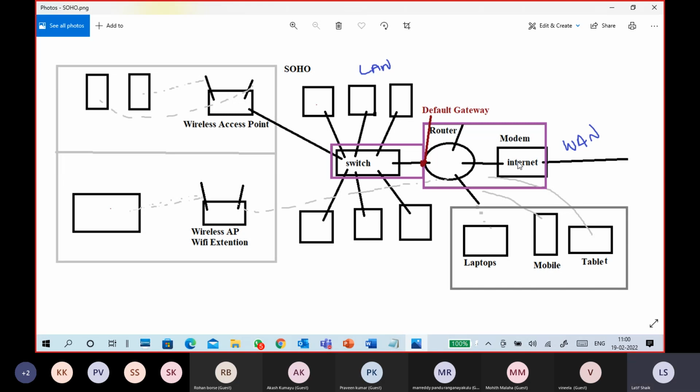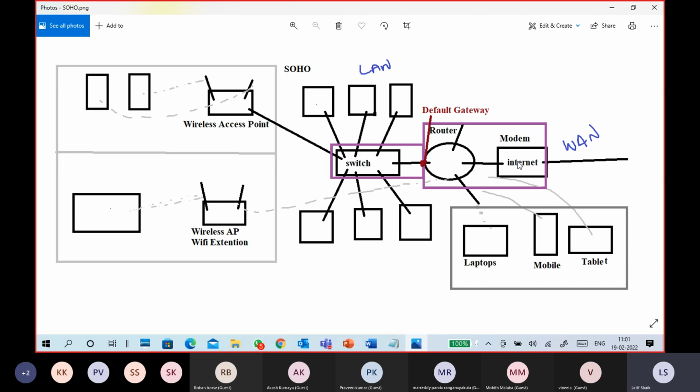To communicate from your physical wired network to Wi-Fi devices, we need a device called a wireless access point. You have a wired network and wireless devices, so how to communicate? Wireless access points are required.